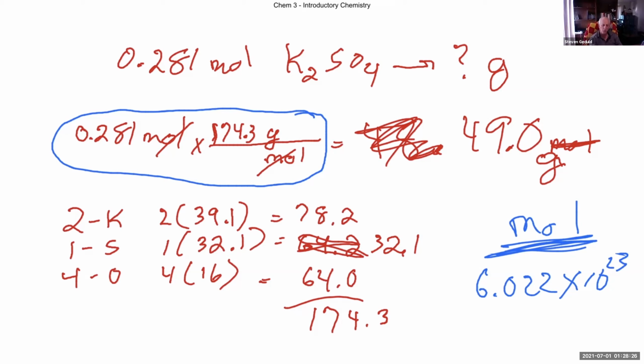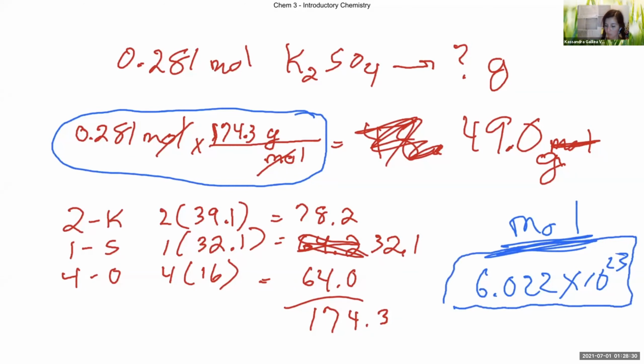So whenever you see moles, this is called Avogadro's number. Whenever you have a mole, we know we have that many atoms or molecules that make it up. If I have 1 mole of water, I have 6.022 times 10 to the 23rd molecules of water.